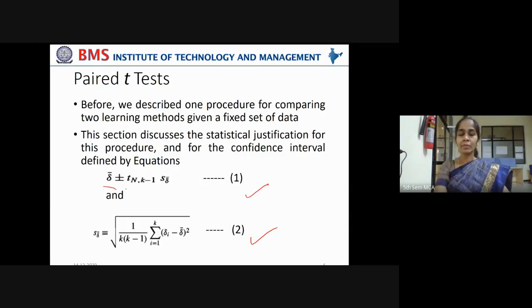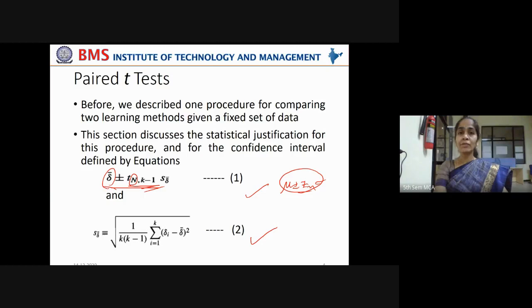You have partitioned the data set into that mean error plus or minus t sub N, k minus 1. What is this t? It is called the critical value at N% confidence interval and k minus 1 degrees of freedom. This is the same as your previous formula, mu plus or minus z sub N sigma. You remember? Now that same formula we are applying in a different instance.